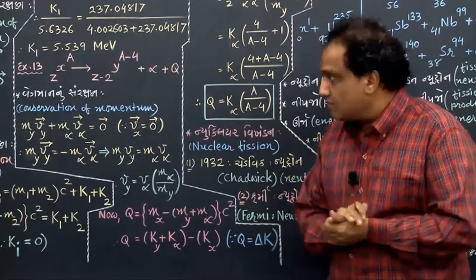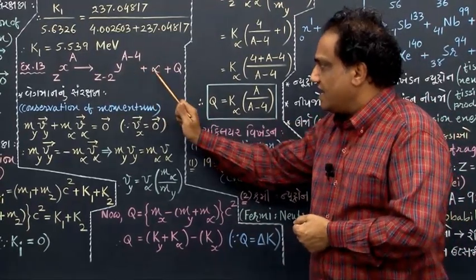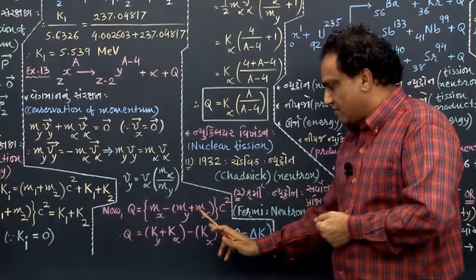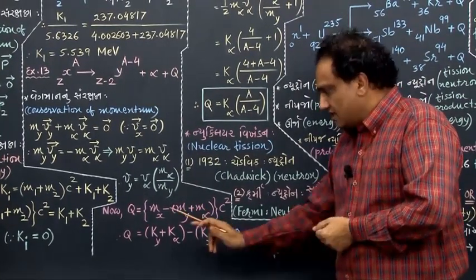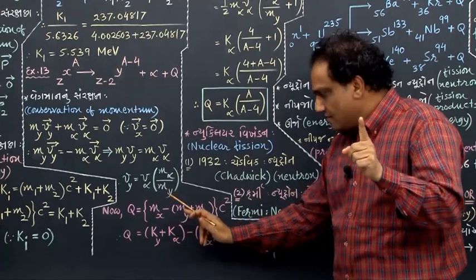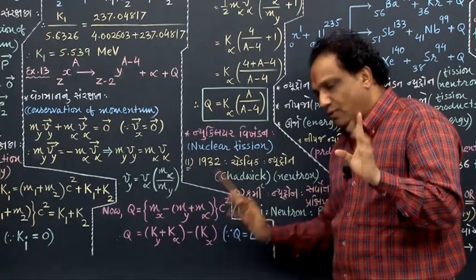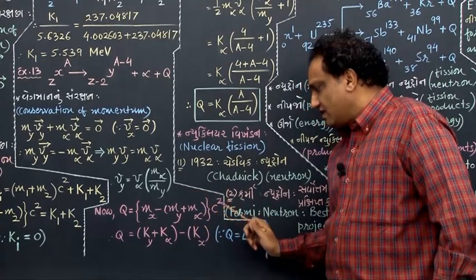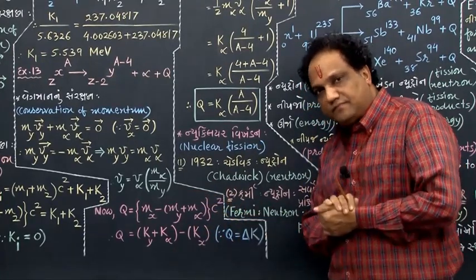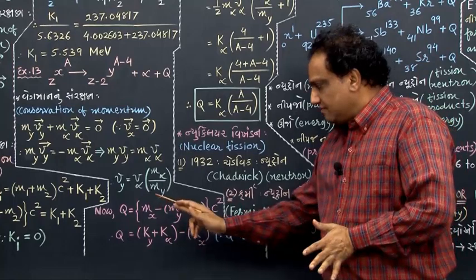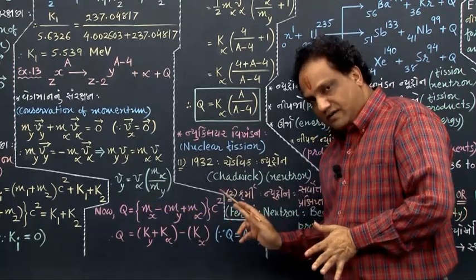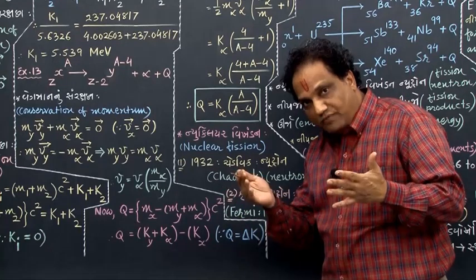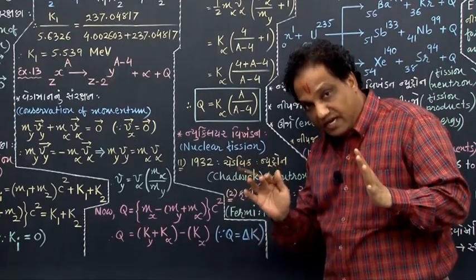Products are two, Y nucleus and alpha particle. So mass of Y nucleus plus mass of alpha particle. This is mass of reactant minus total mass of products, and that difference in mass should be multiplied with C square. Correct?